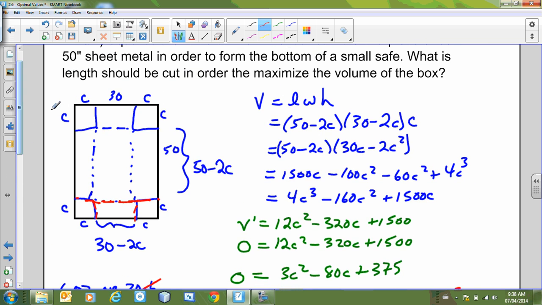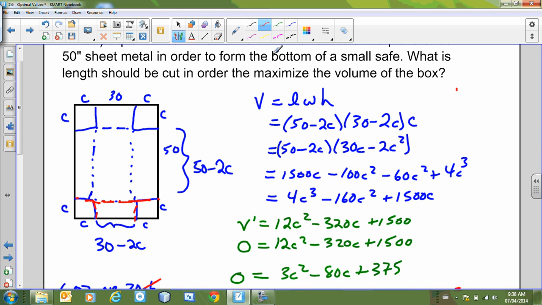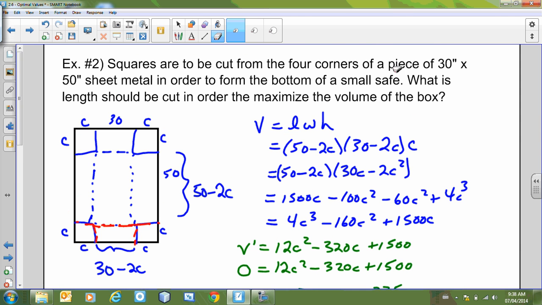Okay, so in all these questions, as soon as you see maximize or minimize something, it could have been minimized as well, I just happened to choose 2 examples that were maximize, find the formula for the question if you had numbers. So if it said to me, cut off 3 squares that are 3 inches by 3 inches from each corner, I would subtract 3 here, subtract 3 here.